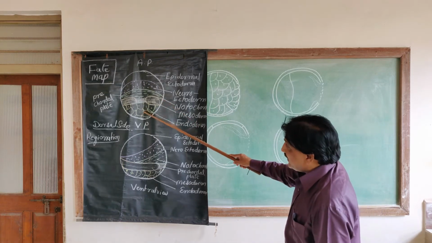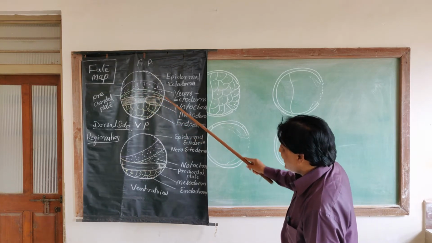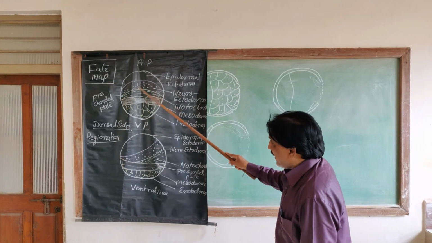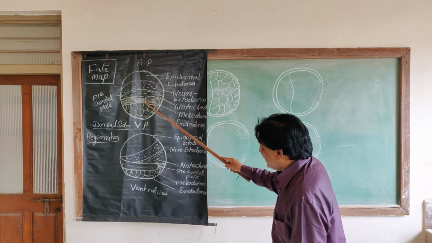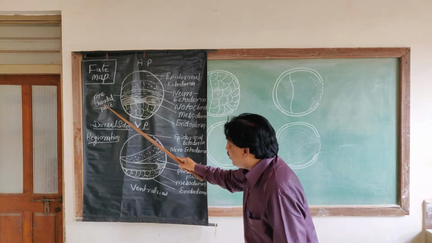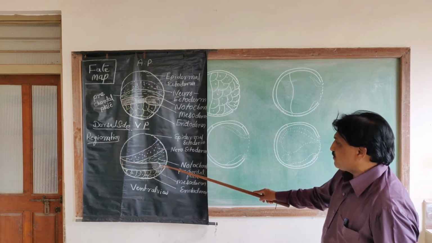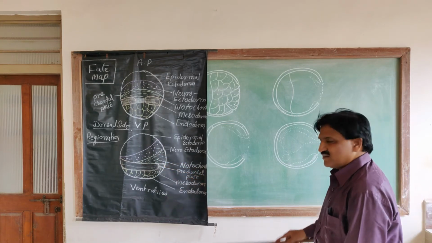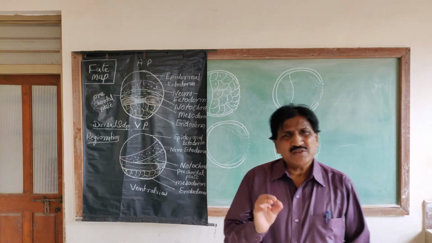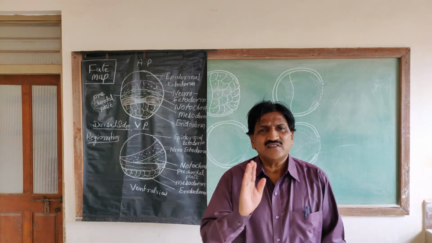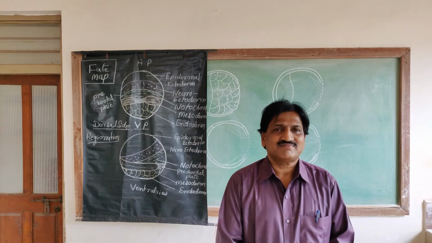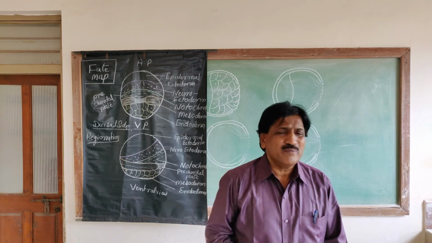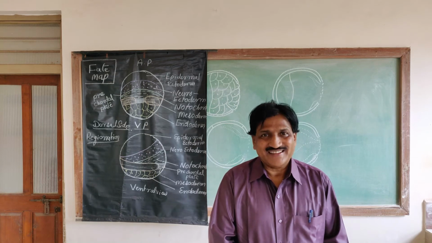Between the notochord and endoderm there is a small area. That area is called the prechordal plate. This prechordal plate is nothing but the thickening of the endoderm. Later it contributes to the formation of the oral cavity.